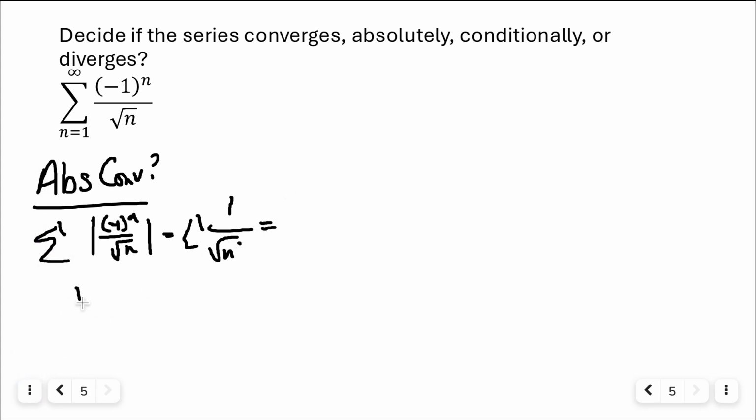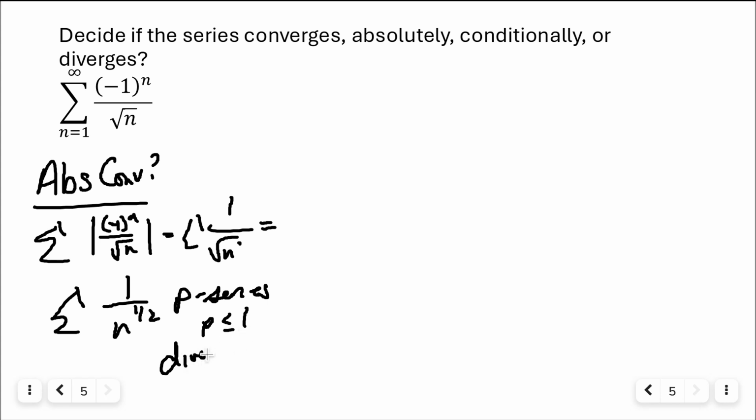So that would be the sum of 1 over n to the 1/2 power. Okay, this is a p series. P is less than or equal to 1. So this diverges by the p series test. So it's not absolutely convergent.